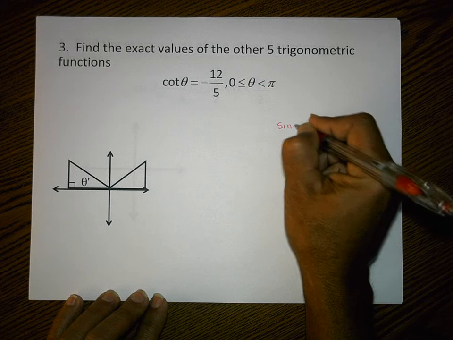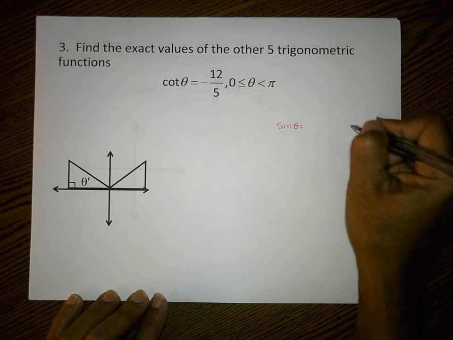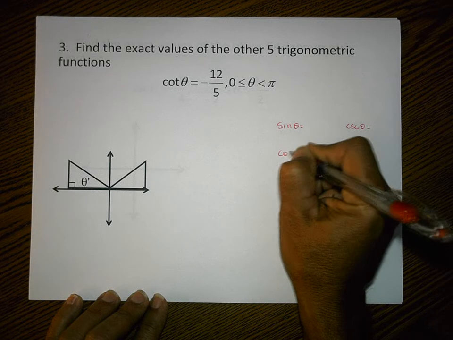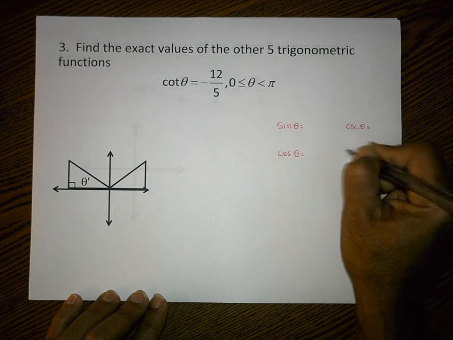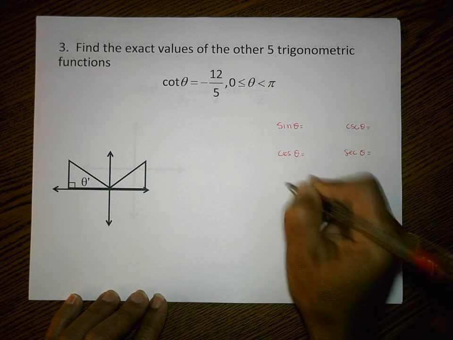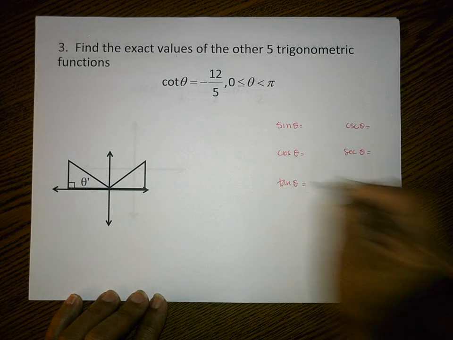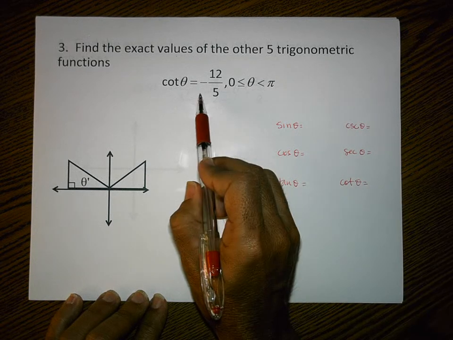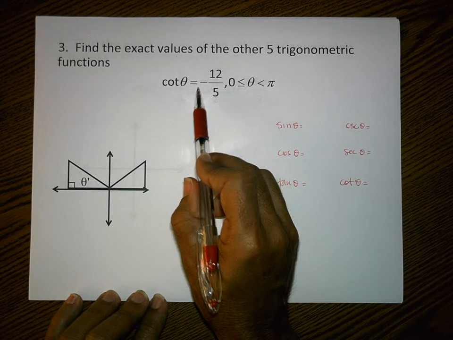The sine of a certain angle and the cosecant of that angle. The cosine of that angle and the secant of that angle, the tangent of that angle, and the cotangent of that angle. They gave me the cotangent. They said that the cotangent is negative 12 over 5.